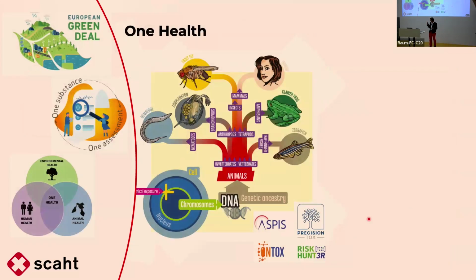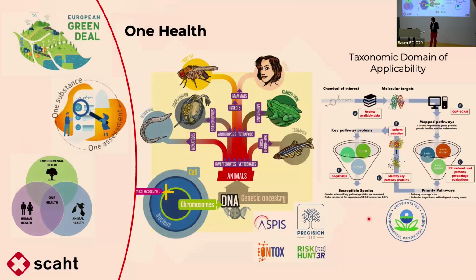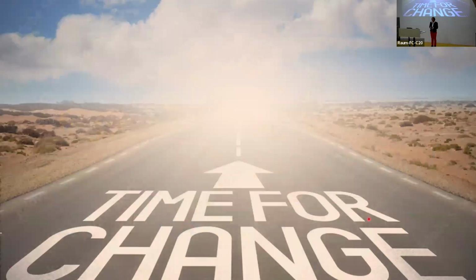So this is from the precision tox from the different species, but there's also an initiative of the taxonomic domain of applicability from the US EPA, and the idea goes into this: one substance, one assessment, one health. And so I'm hoping that I can also interact with the Eawag and possibly also the Ecotox Center, and that maybe we can do something together towards this direction by involving the Swiss agency and bringing it to the OECD level. So that has been it.